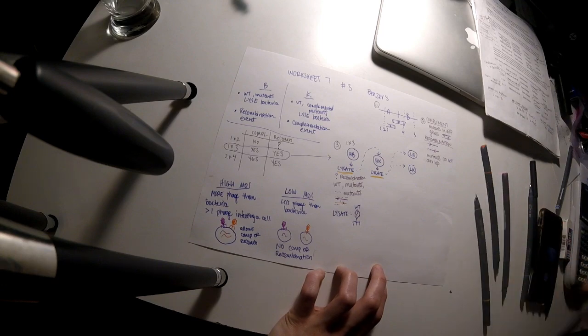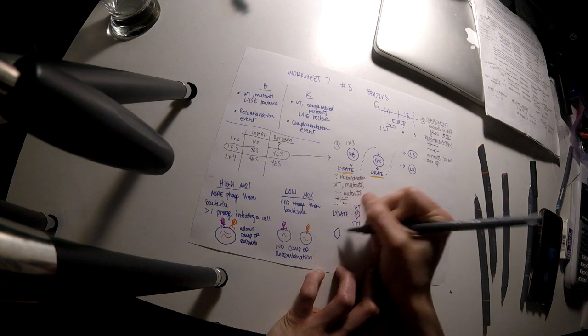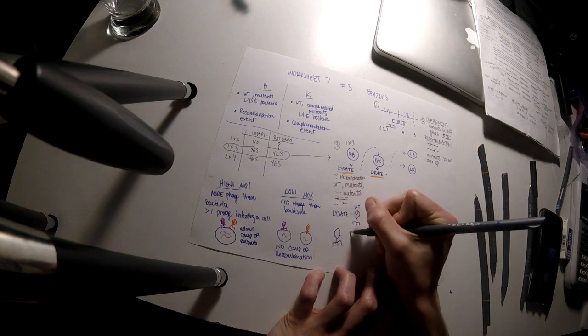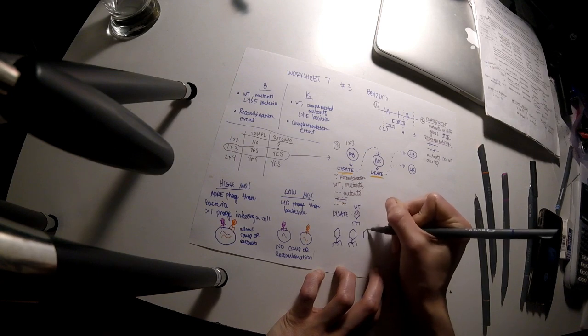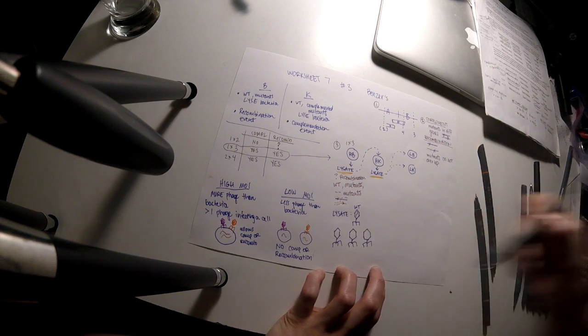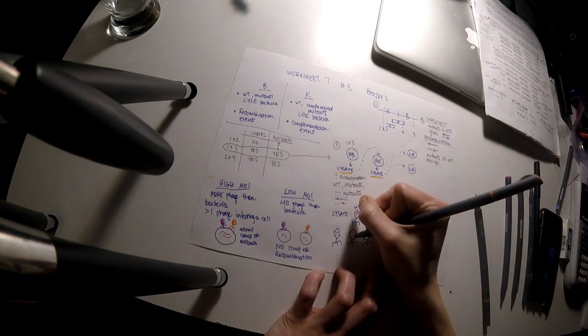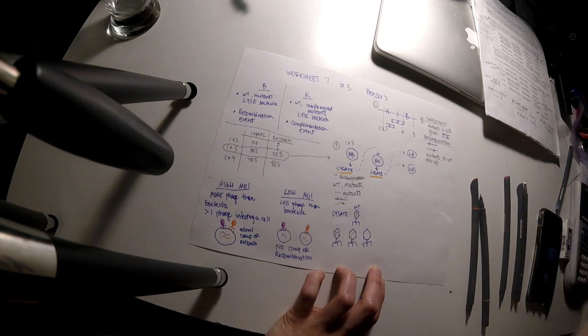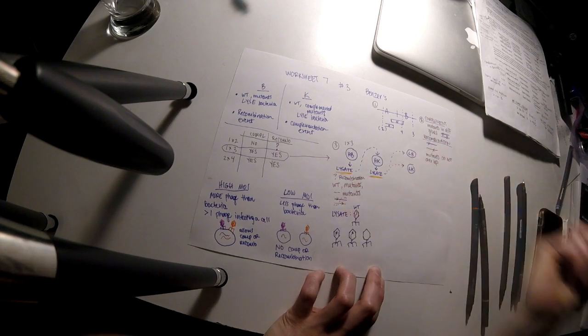If a recombination event does not occur, that means we'll just get our mutants. So if we don't have a recombination event, we'll get our pink or we'll get our orange, both with their original pieces that are messed up.